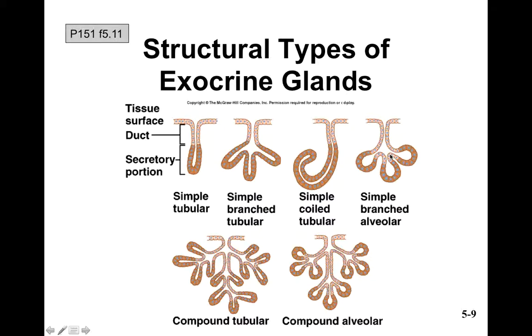Whereas the alveolar are kind of bubble shaped in here. And we have these simple ones, so simple tubular, simple branched tubular, coiled tubular, and simple branched alveolar. And then we have the compound alveolar, which is 3 of these simple branched alveolar together. And the compound tubular, same idea.